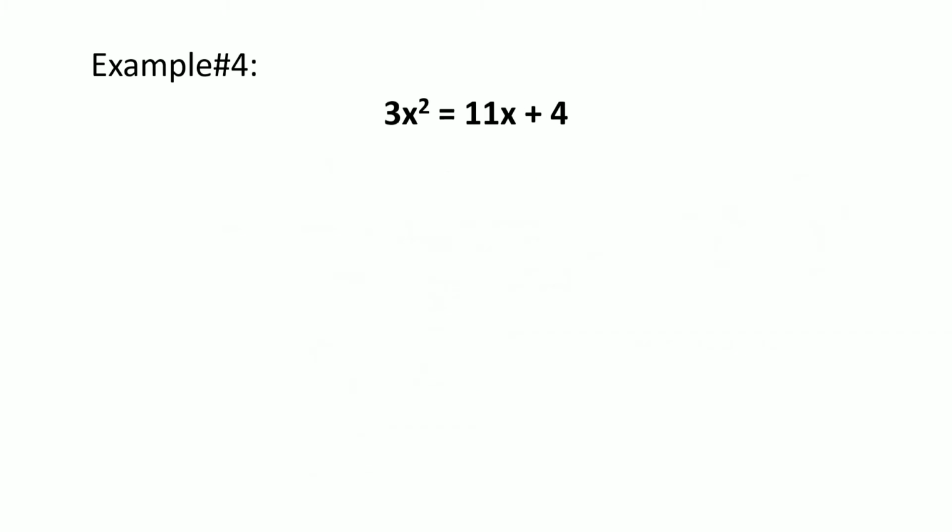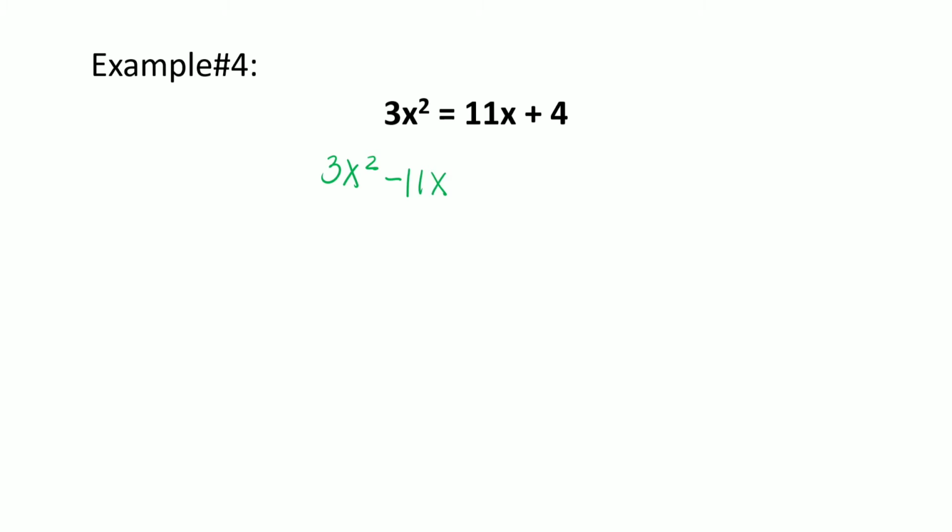Okay. Now, in this example, we can see here that the quadratic equation is not in standard form. So, first thing you need to do is to transpose everything on one side of the equation. So, that will be 3x squared, 11x to the left side, that will become negative 11x.